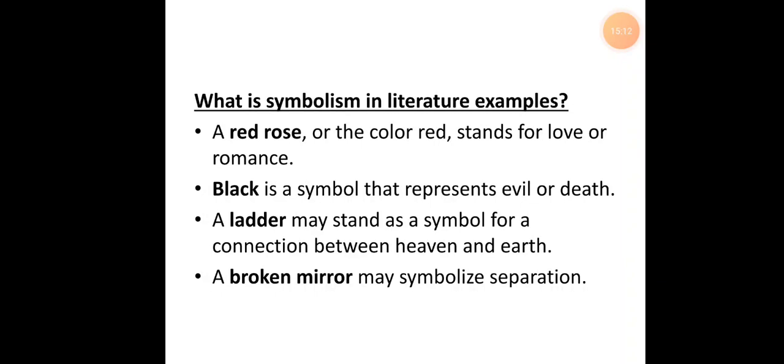Examples. There are many examples in literature, and sometimes in every line you may have a word that stands for something else. Look, for example, at the red rose. The red rose, or the red color actually, usually stands for love or romance. Black is a symbol that represents evil or death.